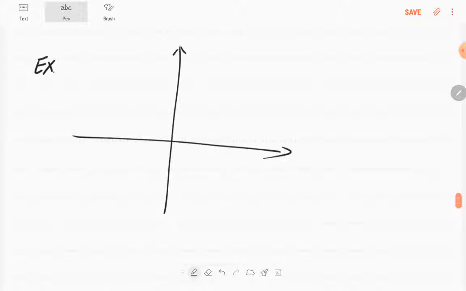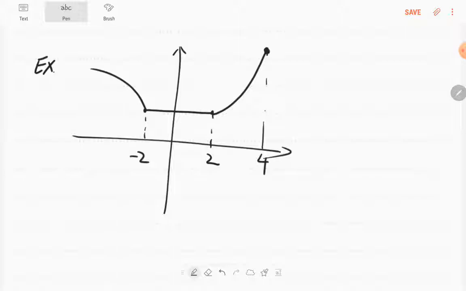Let's look at this example. This is the graph. Negative 2, 2. This is 4. We stop here. And we stop here. Negative 4. Okay. So from negative 4 to negative 2, it's decreasing, right?